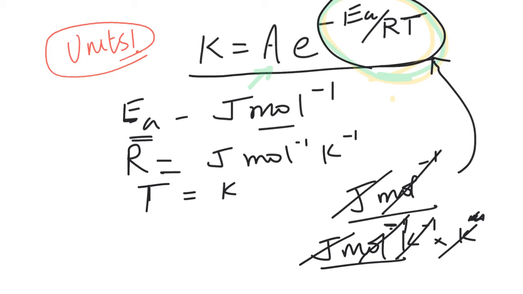That's why you have K with the unit exactly the same as A, because you have a number here. E is a number. This doesn't have any units, so the units of A are exactly the units of K. So if K's unit is per second in a first order reaction, then A will also have the same unit.